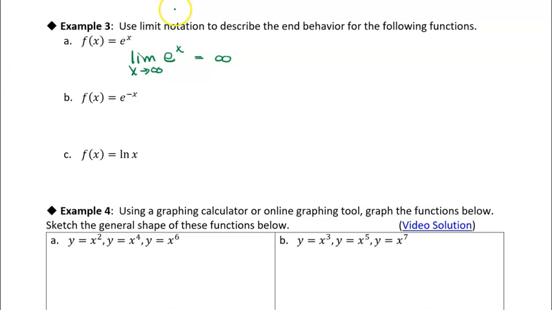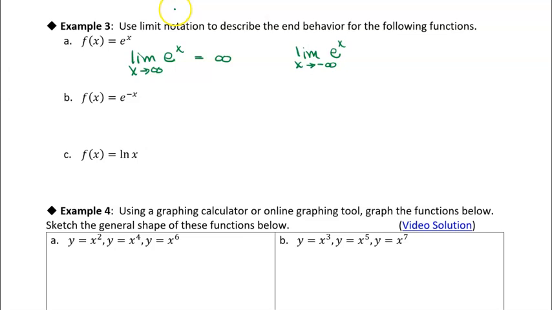Now, the other part of end behavior is what happens as x goes toward the other end of the x-axis. So we're looking at the limit as x approaches negative infinity of e to the x, okay?